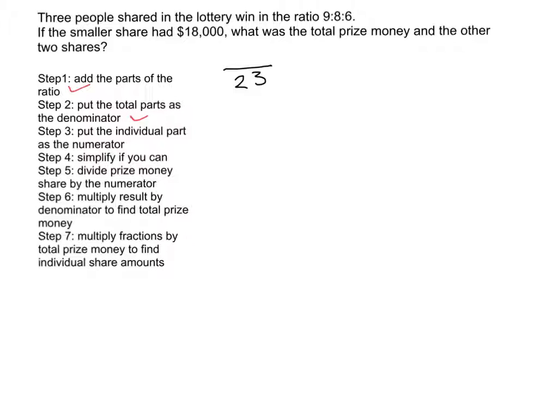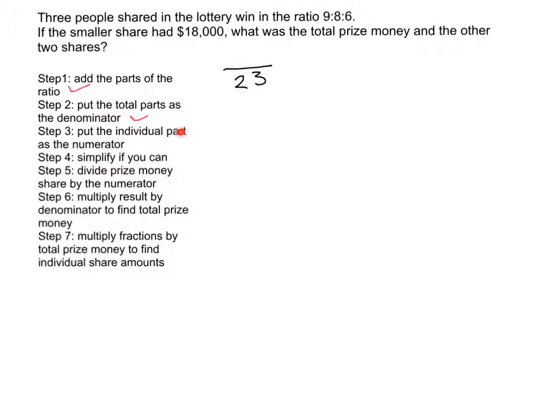Step 3, put the individual part as the numerator. So what's the individual part? The individual part is referring to the smaller share. So you have to read the question very carefully. It may say the middle share or the larger share or whatever it is. That part that gives us an amount, that's the individual part that we want to put in there.